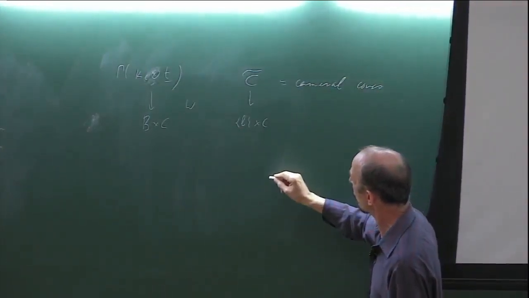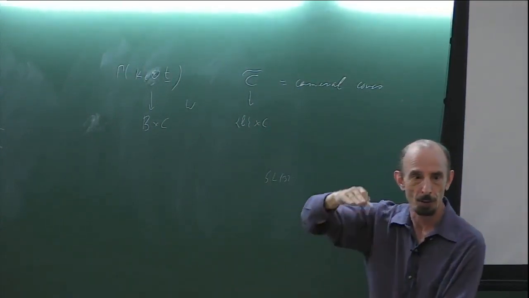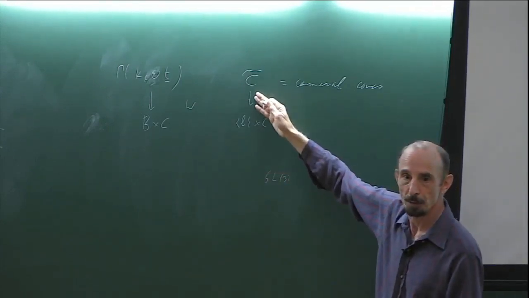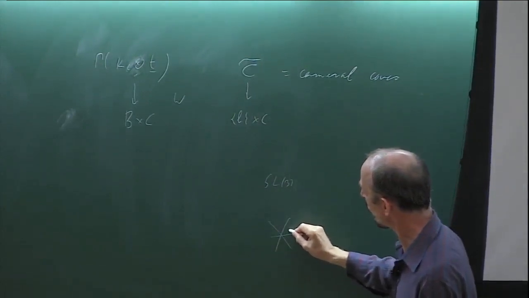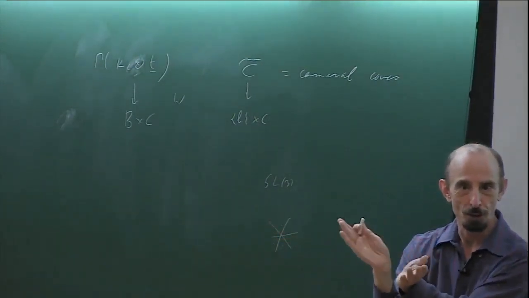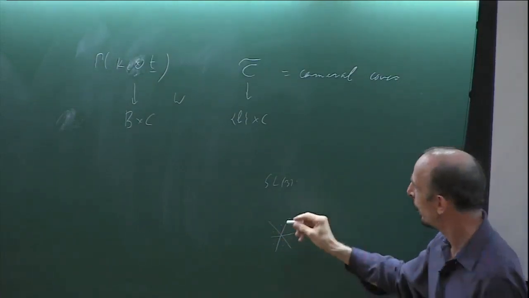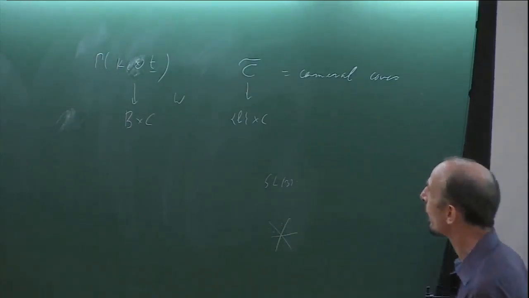The idea is, in the case of SL3, the spectral cover is going to be an n-sheeted cover, or a 3-sheeted cover. This thing will be a cover of degree n factorial, or 6. And above each point, you have a picture of the Cartan and the chambers, and it's all rotating around as you move around the curve C, and you're choosing one chamber above each point. So that's where cameral comes from.